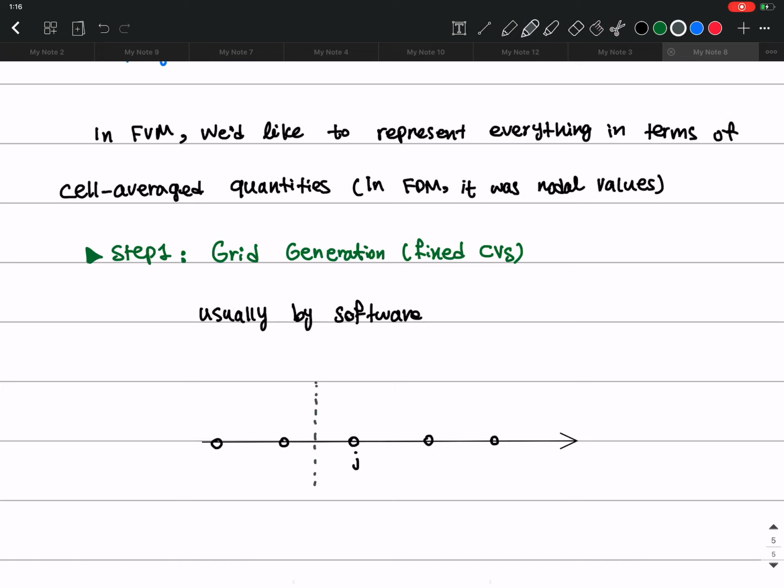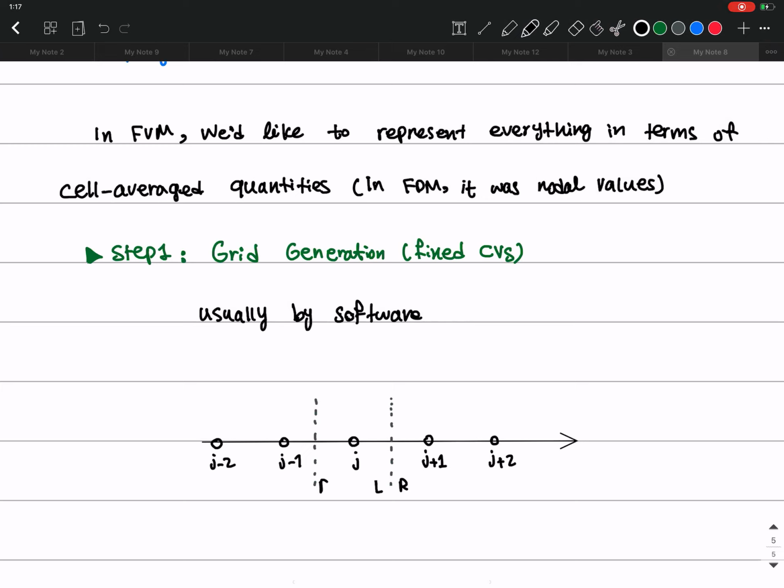Just note, we can have two dimensions. So this is J, this is cell J plus 1, this is J plus 2, this is j minus 1, and this is j minus 2. Okay? And this is the right side of the cell, and this is the left side of the cell.